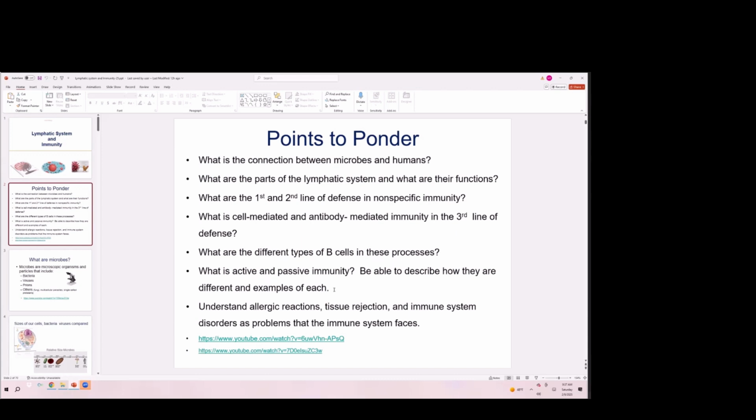But some people would say we don't have the right match for that individual. So if they don't give tissues or organs that are the right matches, there tends to be some rejection. Their body fights them. So we'll talk about tissue rejection. And then finally, we'll summarize and talk about some problems or disorders that are related to the immune system.